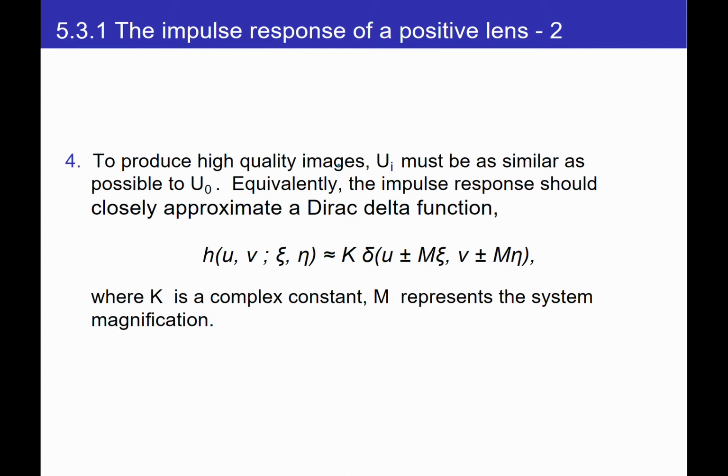To produce high quality images, the image ui must be as similar as possible to the object u0. So equivalently, the impulse response should closely approximate a Dirac delta function, such that h(u, v; ξ, η) is related by a scale factor m, or magnification factor m. Then any point in ξ η is related to u v in this way.